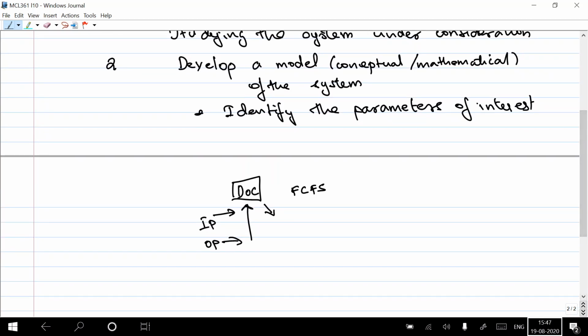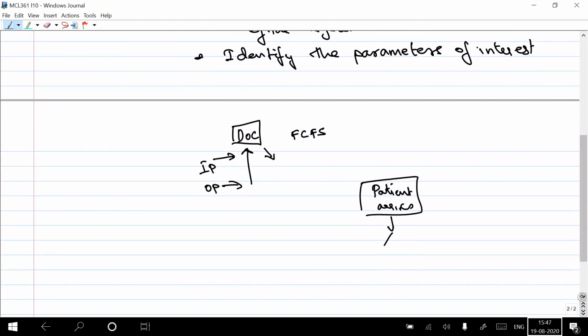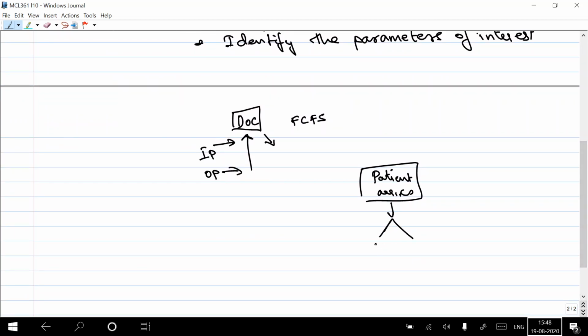So you may want to develop a flowchart, like for example, patient arrives. This is maybe an event. So patient arrives, is the doctor available? So the first question is, is the doctor available?